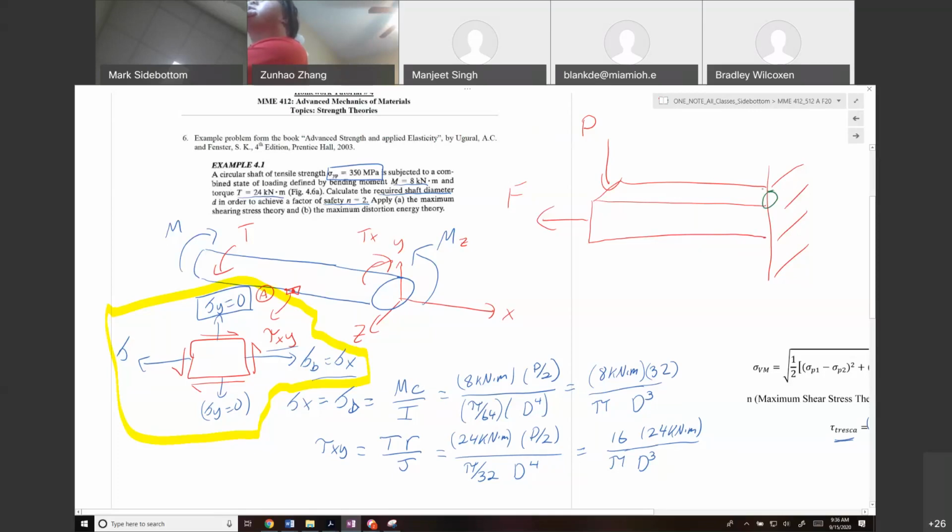So the force that's applied normal, or perpendicular, right, would create a bending moment, right? Right. And then the force would create an axial load. Right?